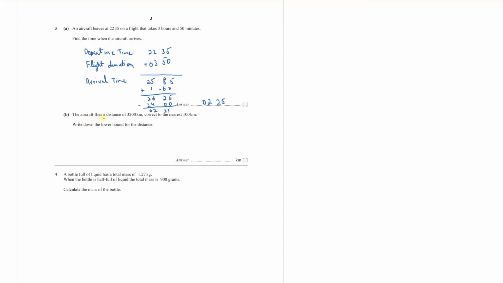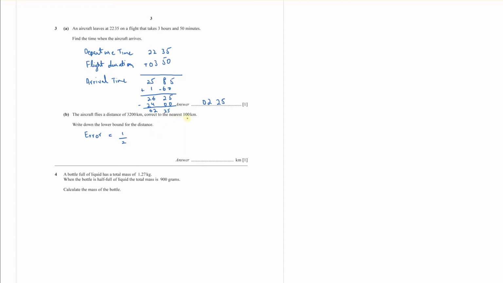The aircraft flies a distance of 3,200 kilometers, correct to the nearest 100 kilometers. Write down the lower bound for the distance. So to find the lower bound, we have to subtract the error value from the distance given. The error is given by taking 1/2 of the degree of accuracy.